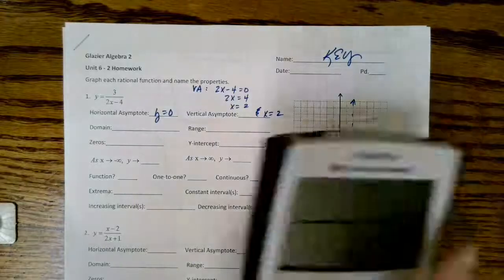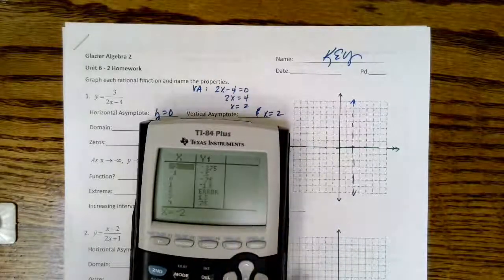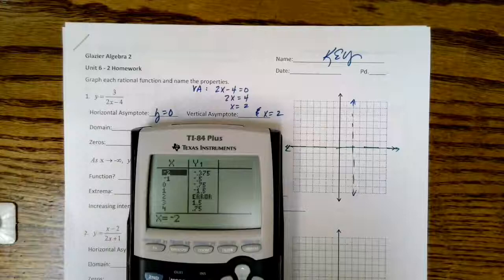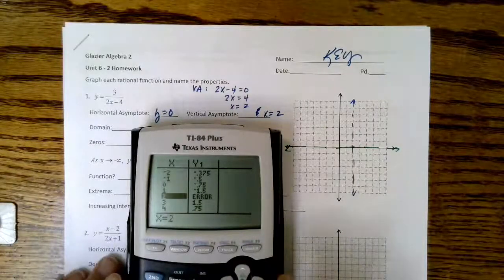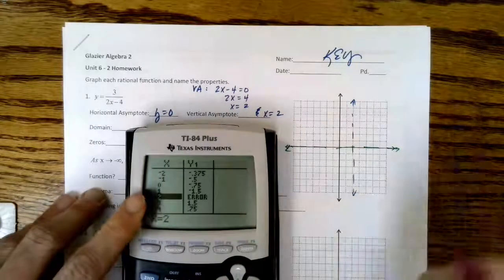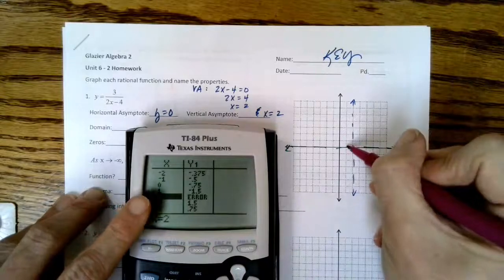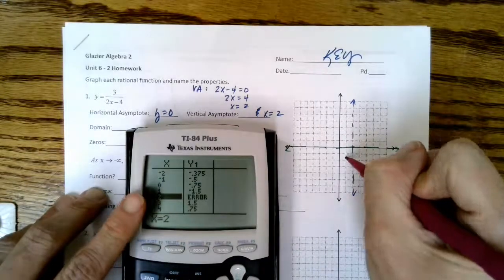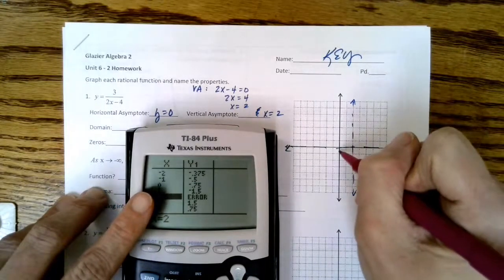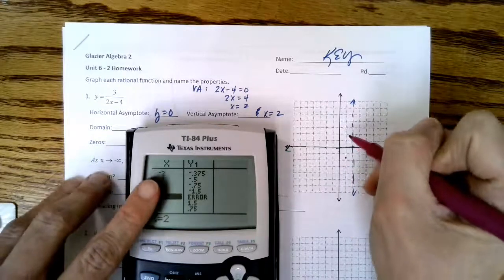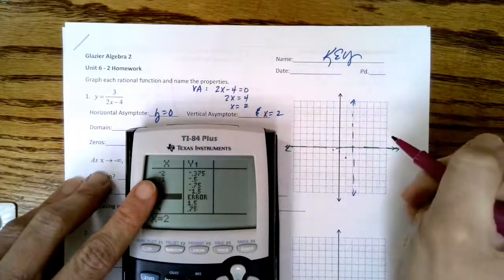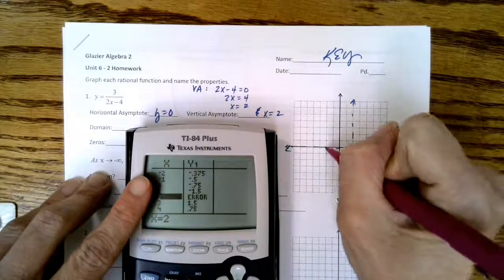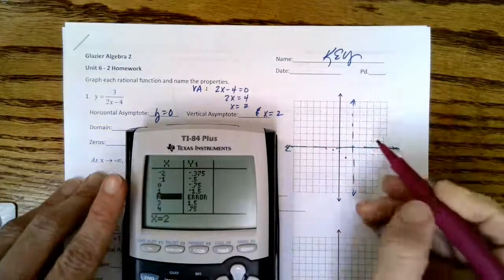When I go to my table of values, that can help me get some points to graph. So I'm going to go ahead and look around my asymptote. I'm going to have over 1 down 1.5, over 0 down 3/4, over -1 down 1/2, and it gets smaller and smaller and tighter into that axis.